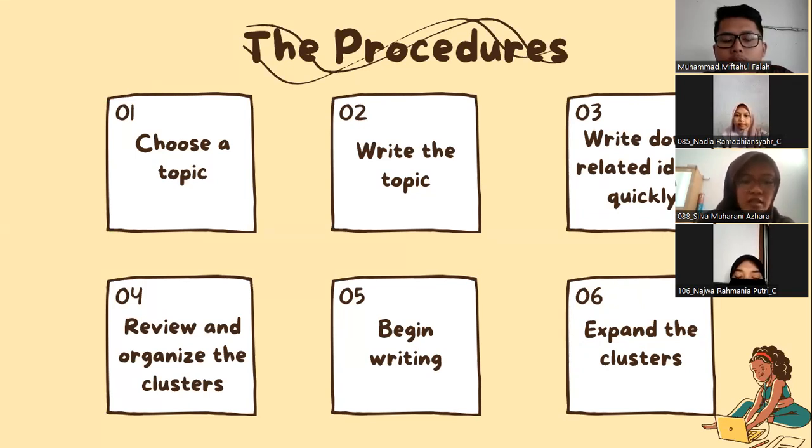Consider the cluster you have created and look back to see if anything is missed out or not written down. Fifth, begin writing. Once everything is organized, it's time to start writing by following the cluster. It will be easier for the reader as they already know what to write.